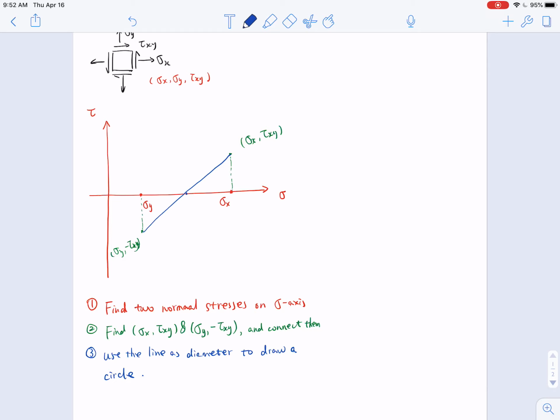Let's connect these two points and use this line as a diameter to draw a circle. So we get a pretty good circle. Let's analyze this circle.